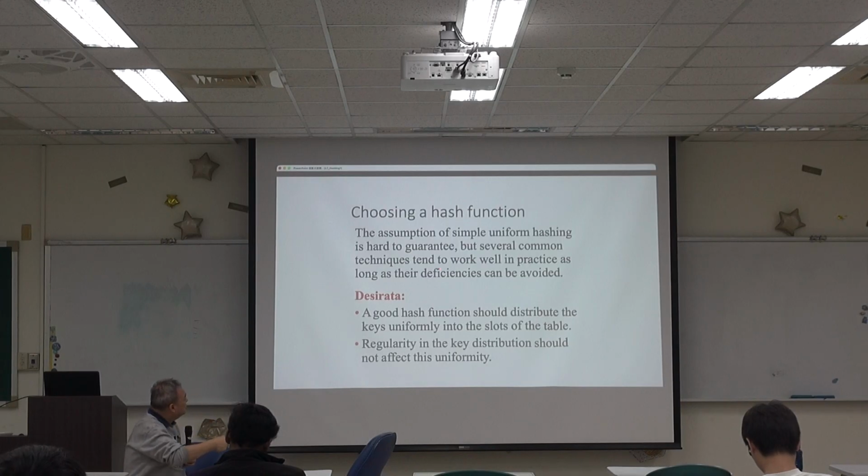As I said, simple uniform hashing is very difficult to guarantee. There are two ways that we can get close, not achieve, but the result will be close to the property that we designed. A good hash function should distribute the keys uniformly into the slots of the table.